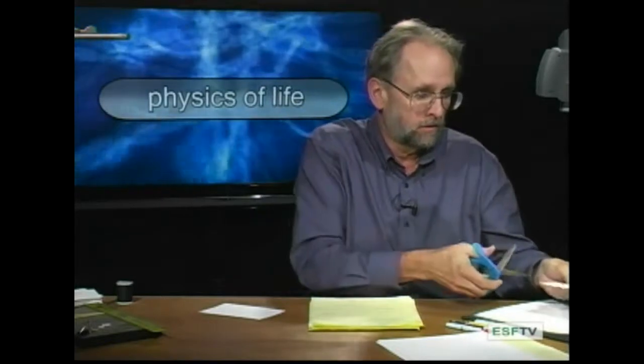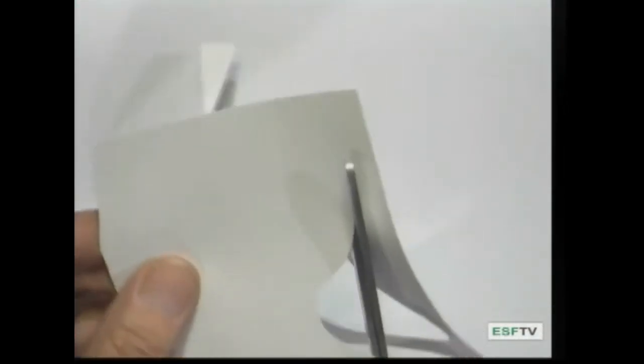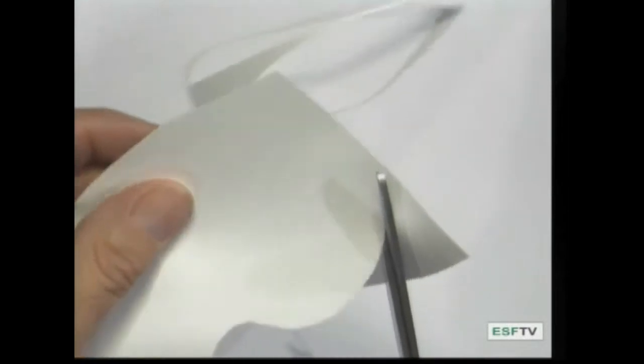All right, so let's cut out a complicated shape, any kind of complicated shape that we would like. Let's make a nice curve right here, and we will continue to cut out through here. Let's put in a couple of odd curves there, for example. Again, we're going to make this as complicated as we like.